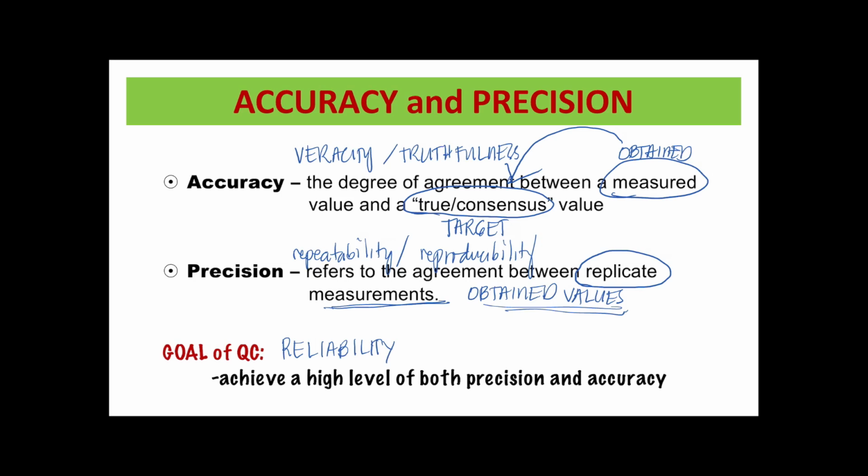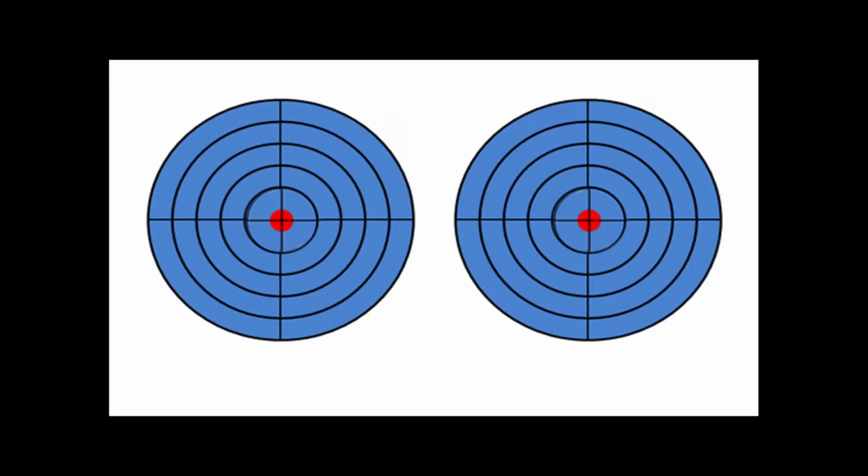You should achieve a high level of both precision and accuracy. That's to say that your laboratory is in quality, that the results or the data that you are releasing are really reliable and truthful. Let me give some examples so you will easily understand the difference between accuracy and precision.